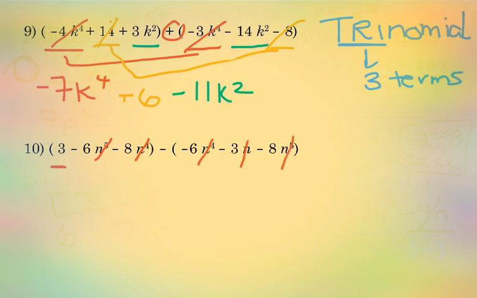It's looking like nothing can be combined. Still there. 3 is in my answer. Okay, let's look at what's next. What about n to the 5th? Got n to the 4th, n to the 4th, and another n to the 5th.